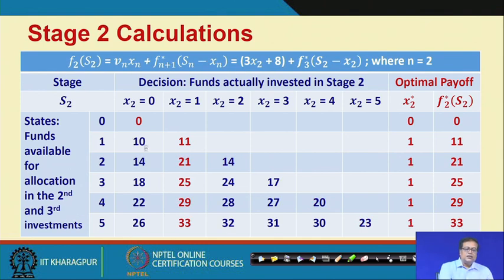Fortunately for us, these values are available here. These values are incidentally available here, because at the second stage if you invest nothing, then whatever profits you should get, those profits are actually guided by whatever profits you have got at the previous stage. So, those values are only going to be coming up and not the contribution of the second stage.